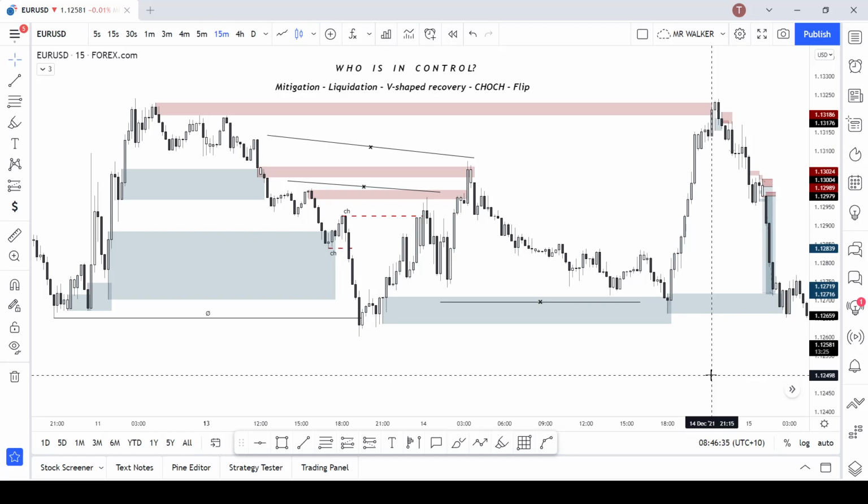If it did, then this zone for me is really more valid than the zone that didn't take liquidity for one simple reason. The zones that take liquidity have fuel behind the price, and I mean behind the move, to move the price in the necessary direction, right?